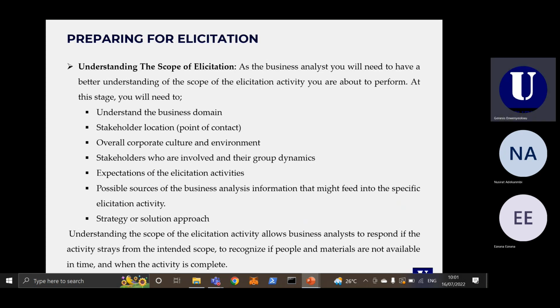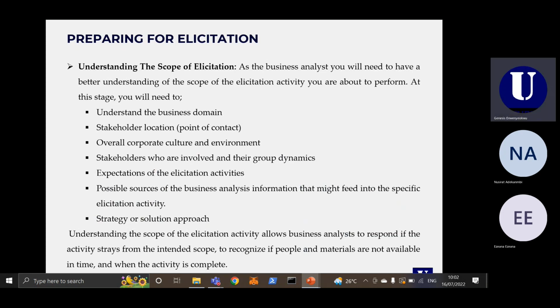And in understanding the scope of your elicitation, you need to have a good grasp of the domain of that business. So if the business or the solution you're trying to implement for that client is an e-learning portal, right? You need to do research. You need to ask questions to understand, what does an e-learning portal mean? And also, your client works in a financial services firm.